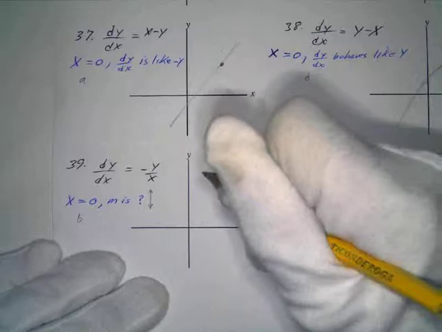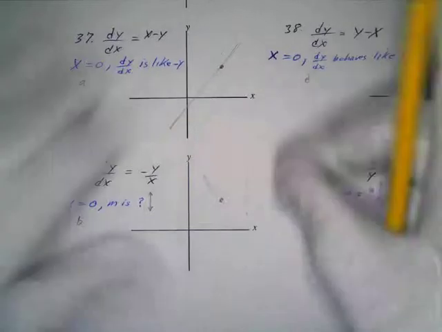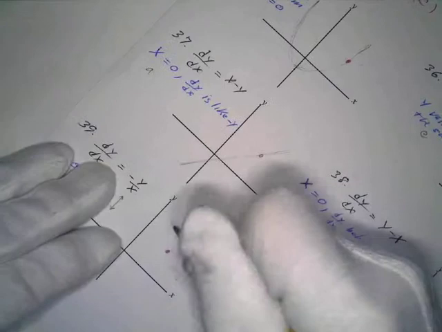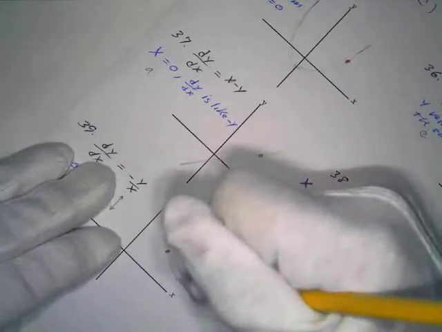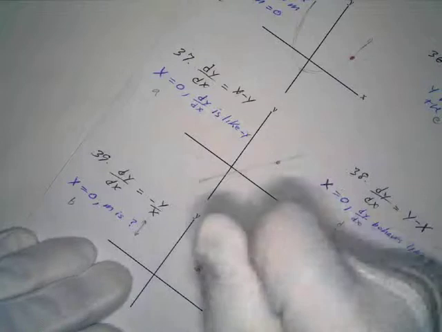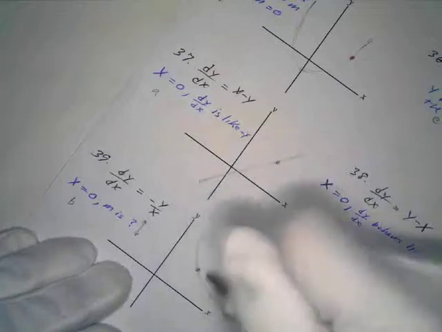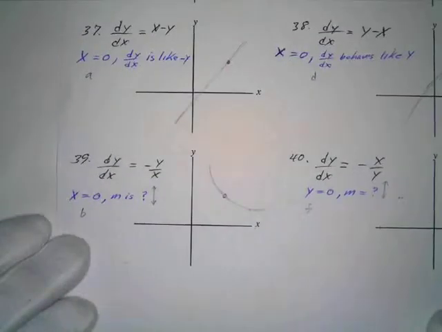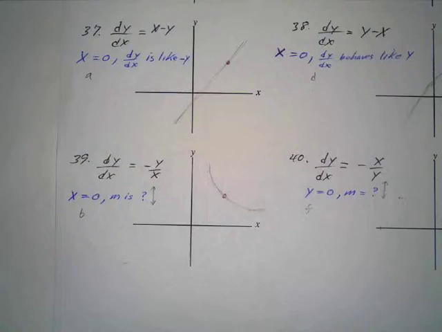Looks like it's coming from up here. Now I got a little bit more height on my graphs here, so if you sketch this right on that particular graph, I think it'd make a little more sense. But something like that. Looks like it's going that way.